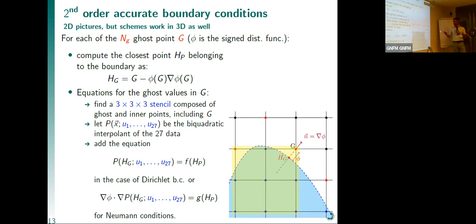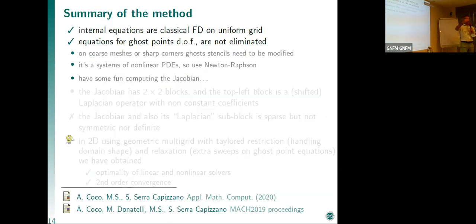And these kind of equations are just added as constraints to the system to be solved. At this point, we're happy because we have as many equations as unknowns. Let's sweep under the carpet all the numerical difficulties to do this.